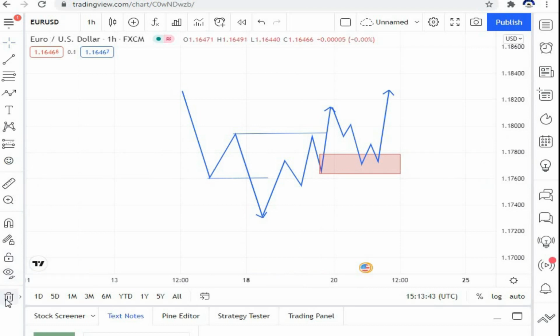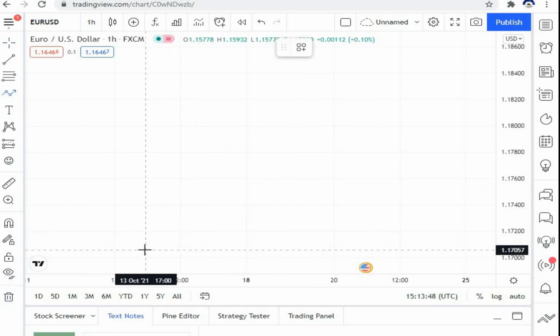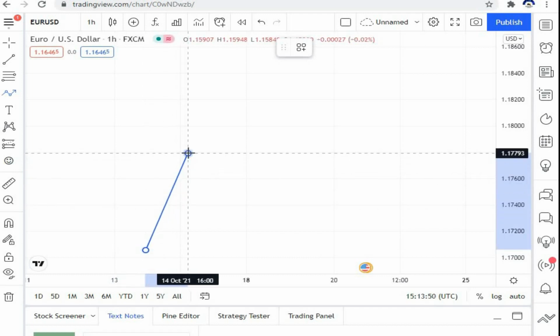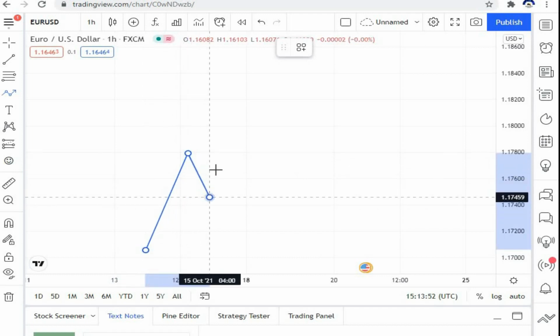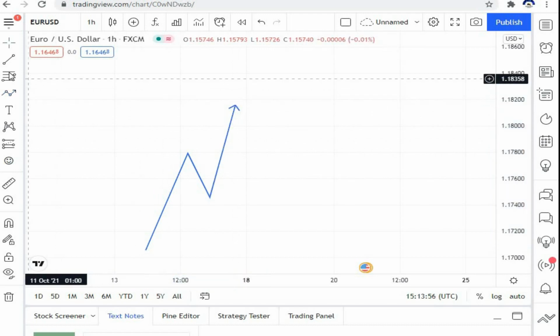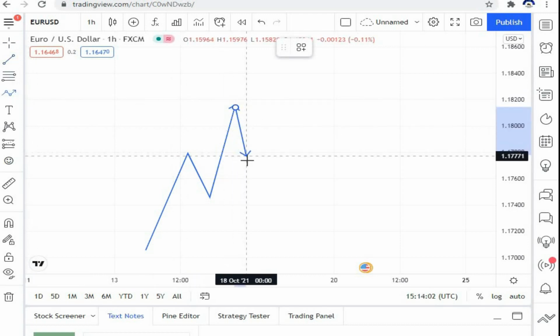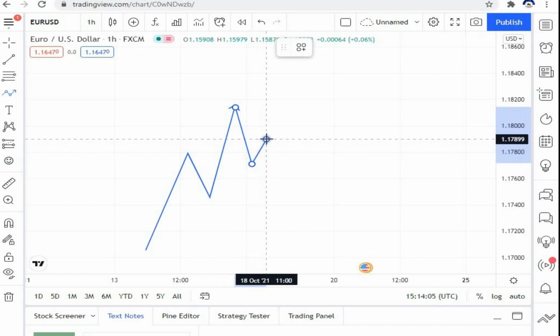So we also have this type again guys, where the price will go up, creating rally, base, rally. What you want to see is price coming back to the base area with compression, something like this.